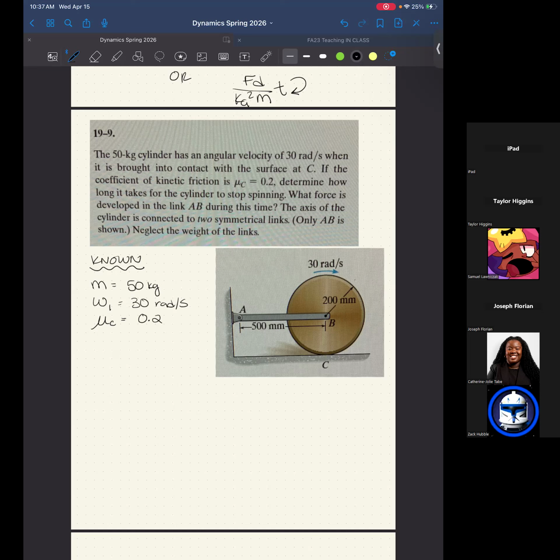You can also assume, I know it says cylinder, but you can use the moment of inertia for a thin disk, which is 1/2 mr squared.